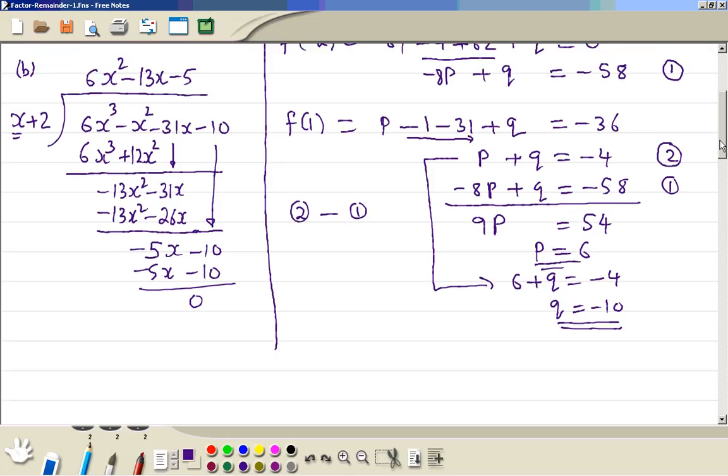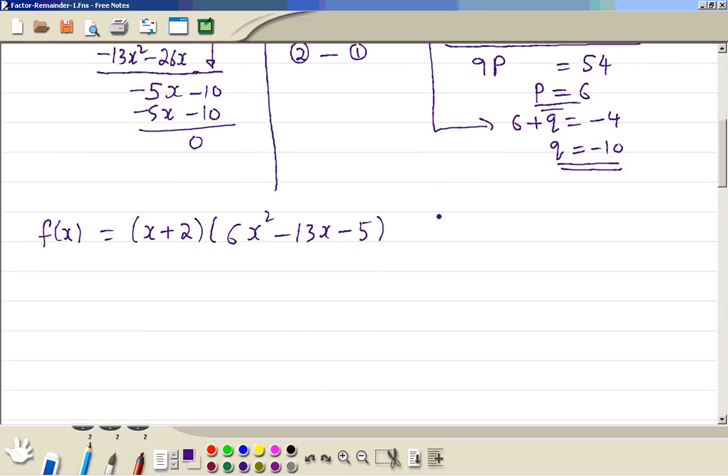So therefore, the polynomial is equal to x plus 2 in bracket times 6x squared minus 13x minus 5. So we can factorize this.